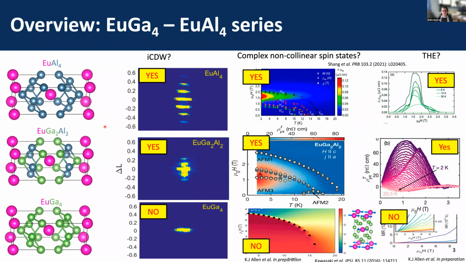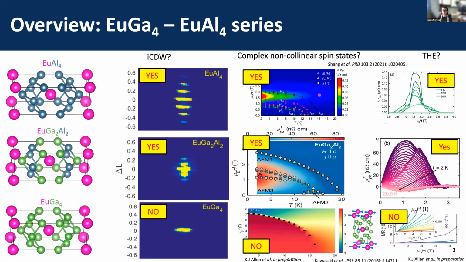And that's very important for what's happening in EuGa4 and across the series in terms of real and reciprocal space topology.